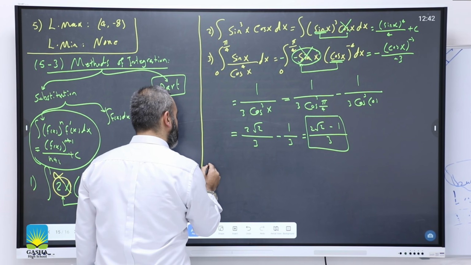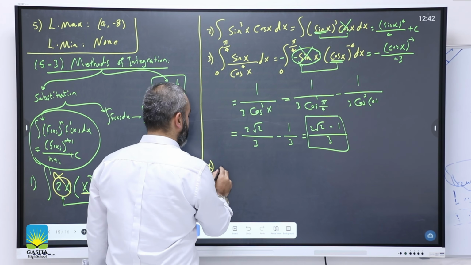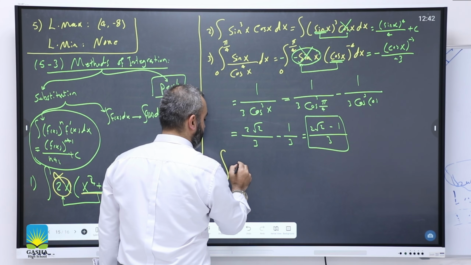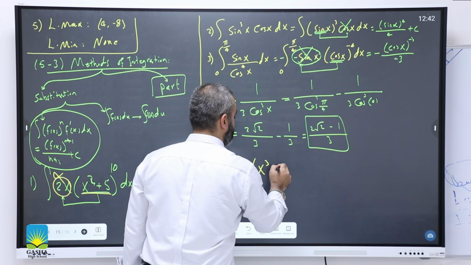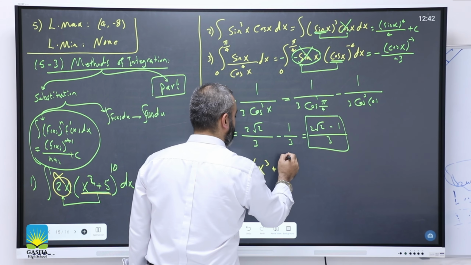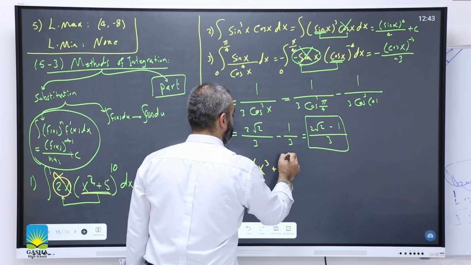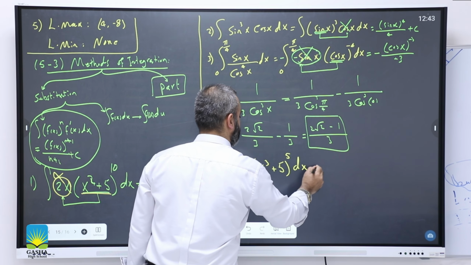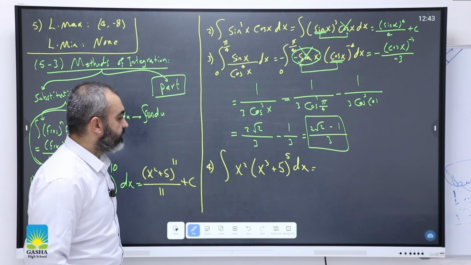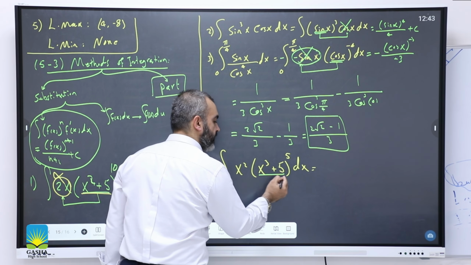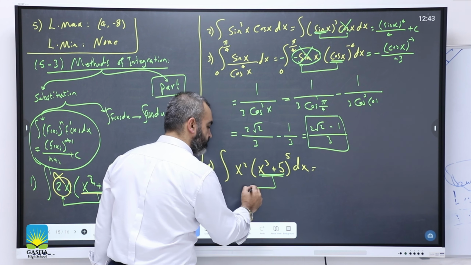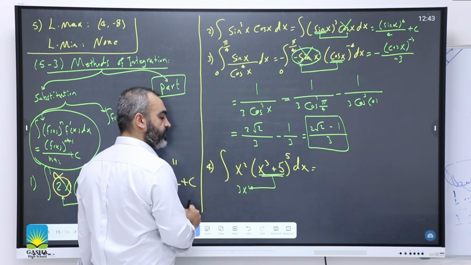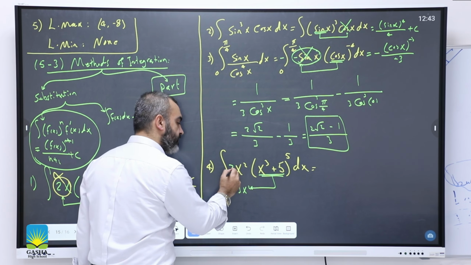What about the fourth integral: x squared times x cubed plus 5 to the power 5 dx, equal to what? What is the derivative of the inside of the bracket? The derivative is 3x squared. What is the missing number? It is 3.